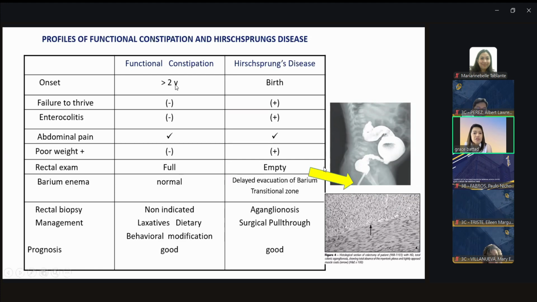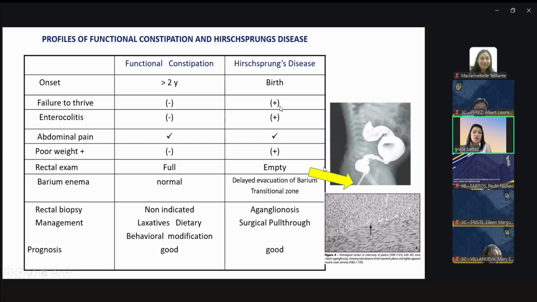Functional constipation occurs based on changes in the dietary intake of the child. That's why, at more than 2 years old, when the child is already able to withhold stooling, there might be functional constipation.